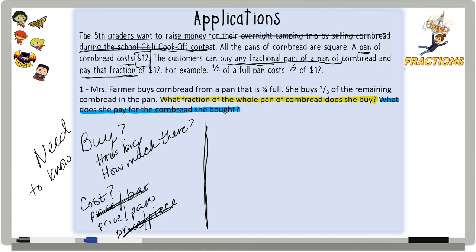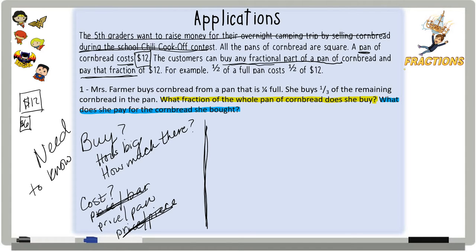The rest of those numbers, the 12s and the halves, are not going to help us because it's not telling us that she bought half of a pan. It's just giving us an example. So what it's saying is if she buys the full pan, it's $12. But if she buys half the pan, it's half the cost, which is $6.